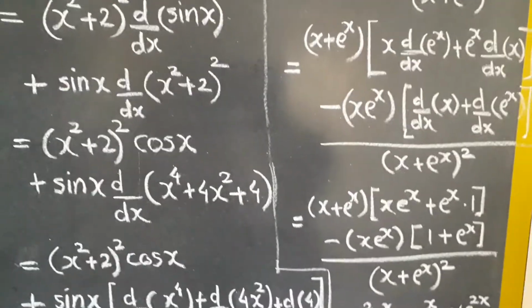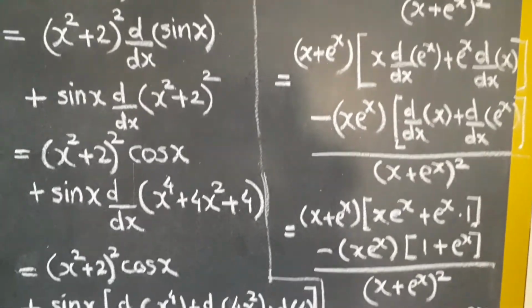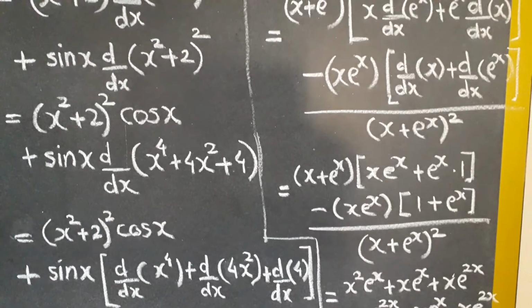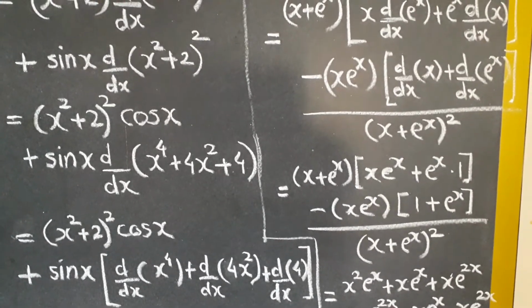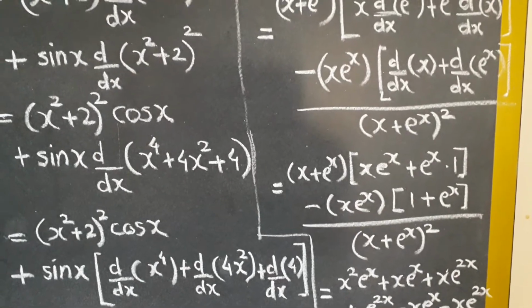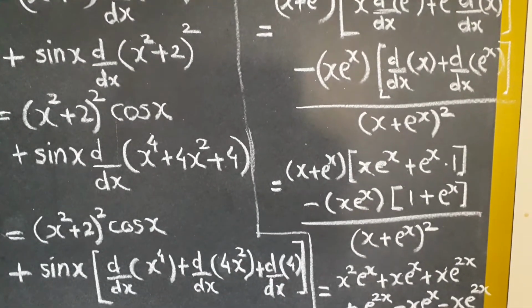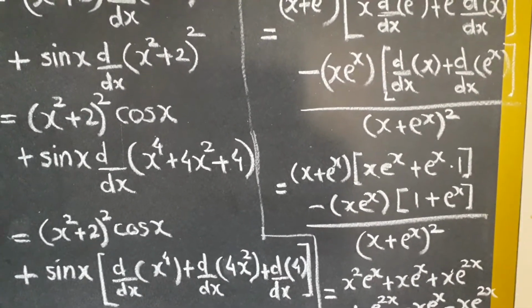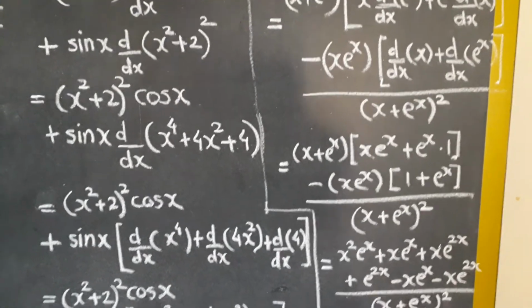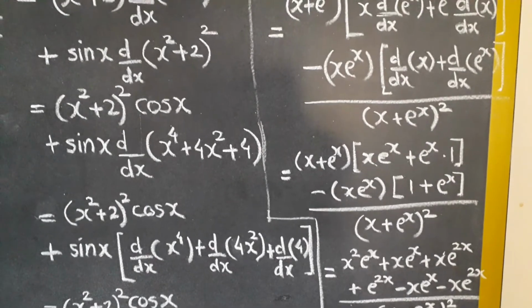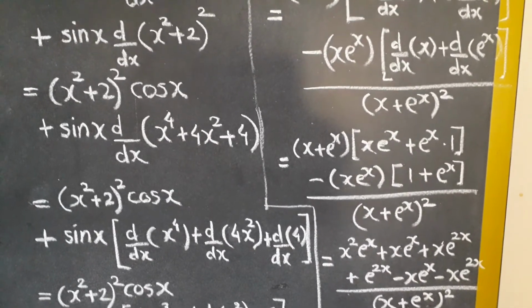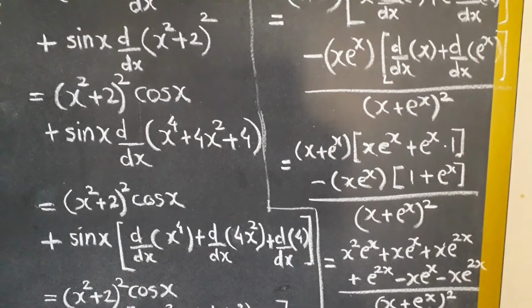So just multiply the brackets here, and we get x multiplied by x e raised to x as x square e raised to x, plus x into e raised to x, plus x into e raised to x into e raised to x is e raised to 2x, plus e raised to x into e raised to x as e raised to 2x. In the same manner, the next bracket we are supposed to solve further.